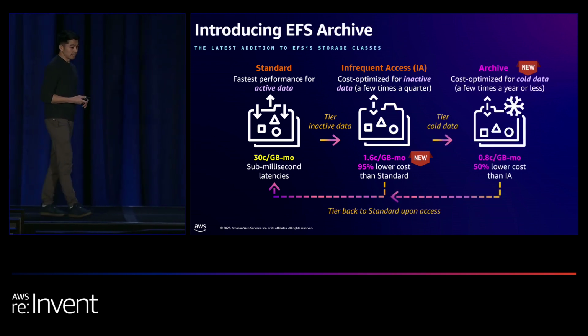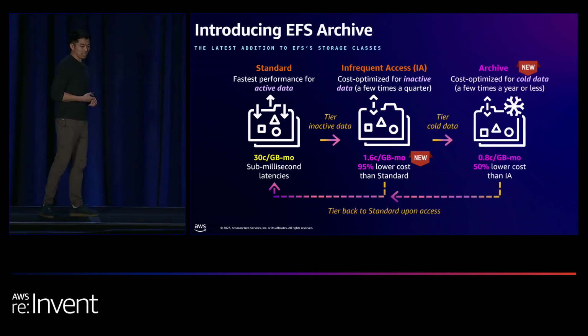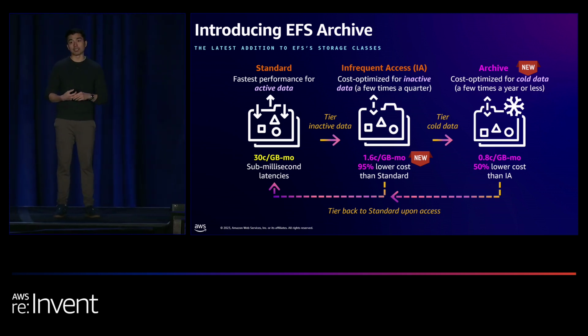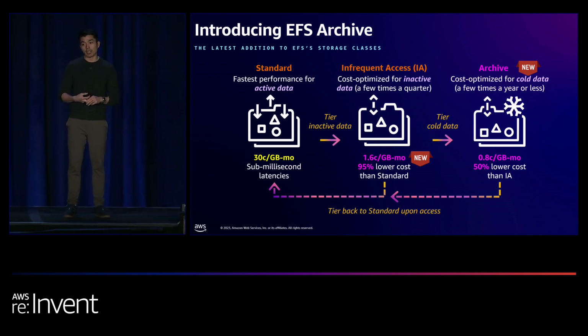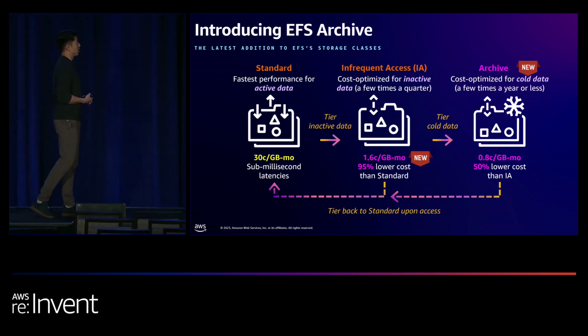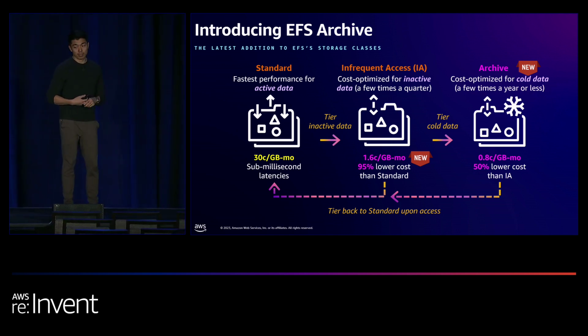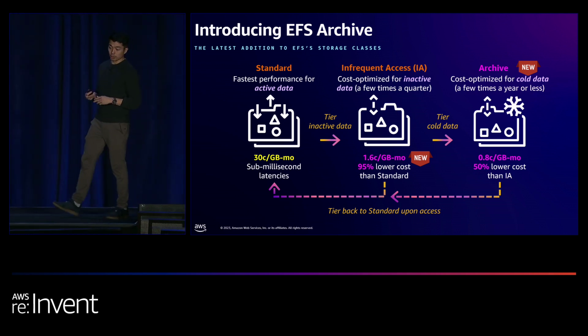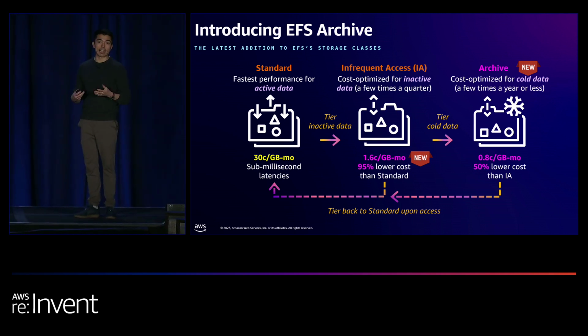And the second is, as in the title of this session, we launched a brand new storage class called EFS Archive. So with Standard and IA, we have purpose-built storage classes for active and inactive data. And customers asked us for a more cost-effective way for storing their super cold, rarely accessed data.